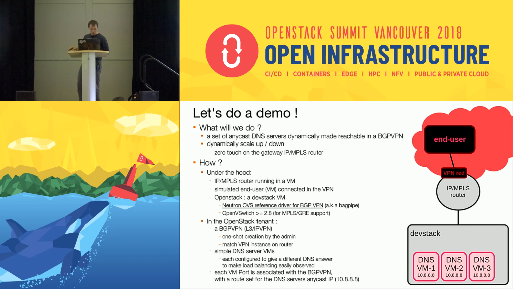So in the OpenStack tenant, what we have is a BGP VPN for which the VPN identifier matches the VPN configured on the IP MPLS router. This was created before the demo by the admin. We will have simple DNS server VMs. Here there's a twist, a trick, so that we can see that we have load balancing.